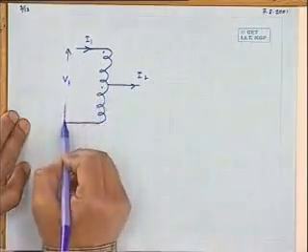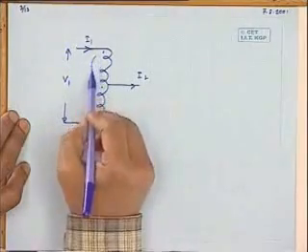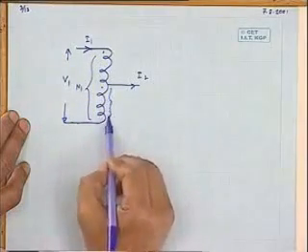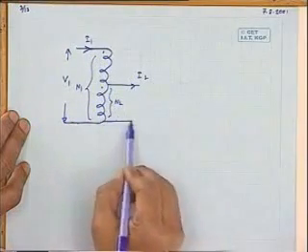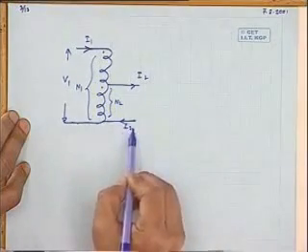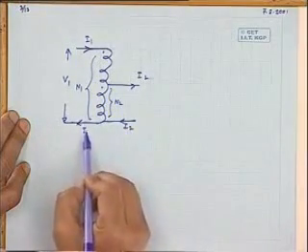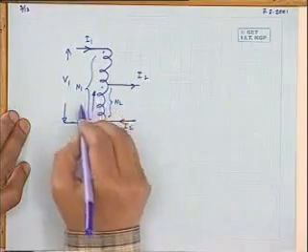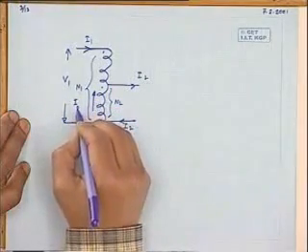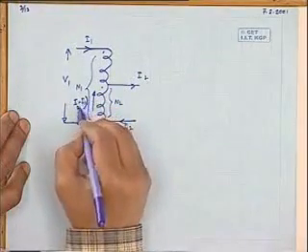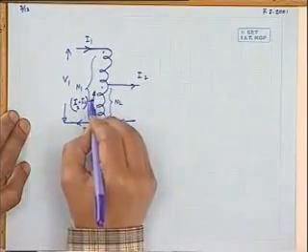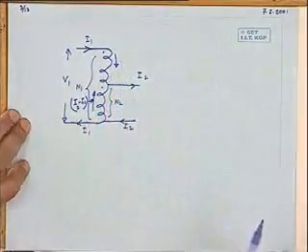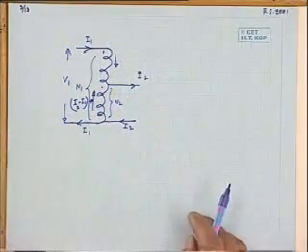This is your V1, and this whole number of turns, as I have told you, this is N1, and this is N2, and this is your I2, this is your I1. So this current flowing in this direction will be I2 minus I1, this current, and this current is flowing down like this, I1.